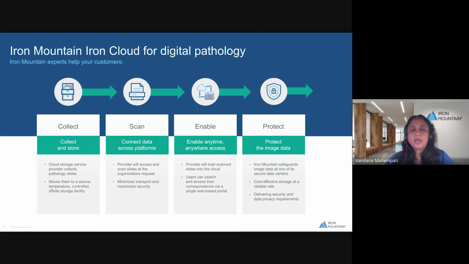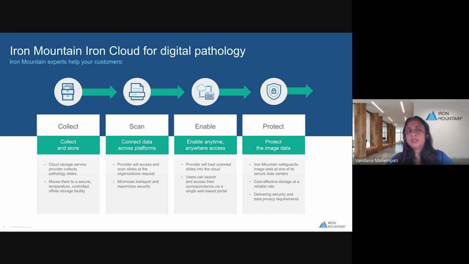Let's look at how Iron Mountain uses Iron Cloud for digital storage. The concept is very simple. We collect the data, scan the data, and the scanned images are in the Iron Cloud, which enables anytime, anywhere access of the data.